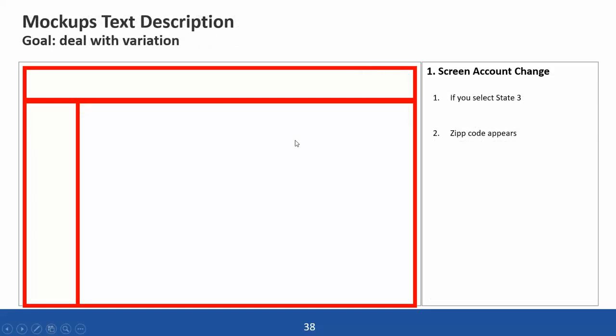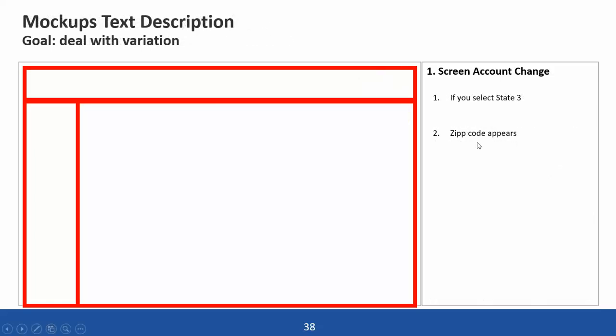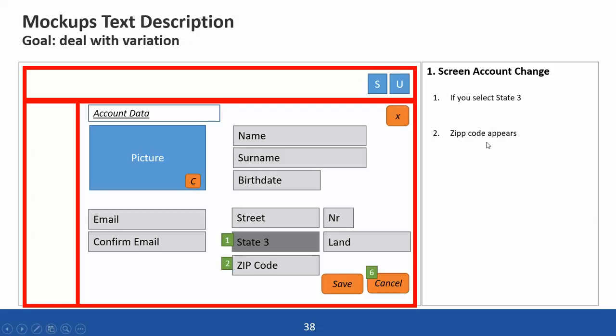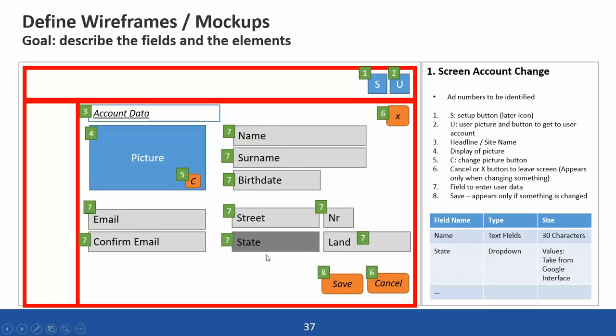So you will see a lot of the screens will have a lot of variation. How to deal with the variation? For my example, what if you have state, and what if you select state 3, and if you select state 3 you will get a zip code appearing, so you have to have an additional picture. So in this example, state, but another state, it's not state 3, it's state 1 or state 7 and no zip.